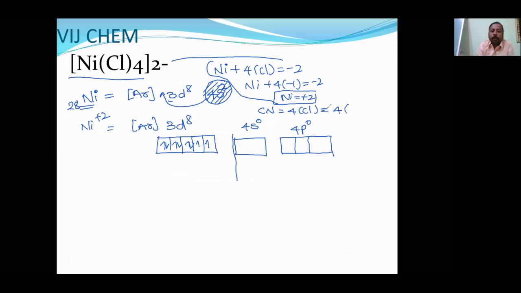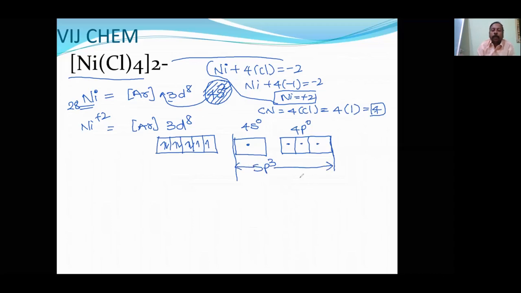But here chlorine donates one lone pair each. So the coordination number is how much? 4. So I have to count like this: 1, 2, 3, 4. These are not electrons; for counting, I have put the dot. So 4 pairs. Now the hybridization will be sp3 hybridization.